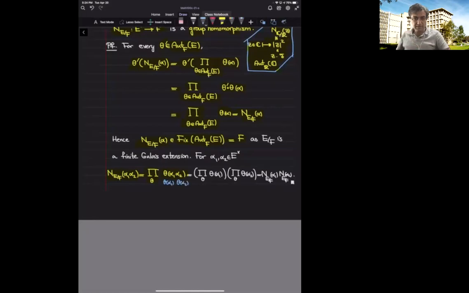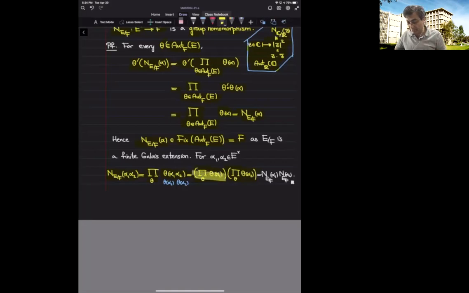Now I can split the product and write it as the product of theta alpha 1 as theta ranges inside this group, and the product of theta alpha 2 as theta ranges in the F linear automorphisms of E.